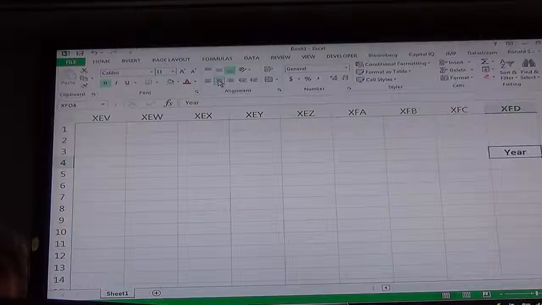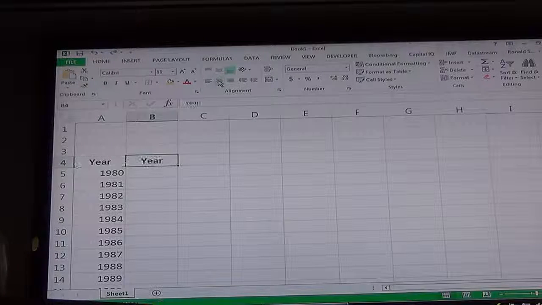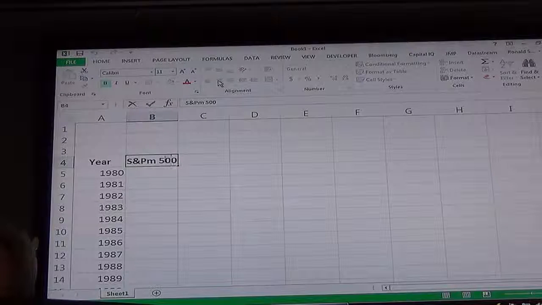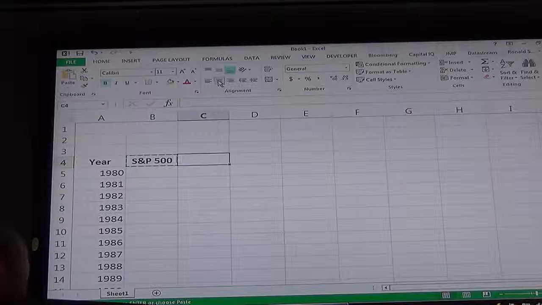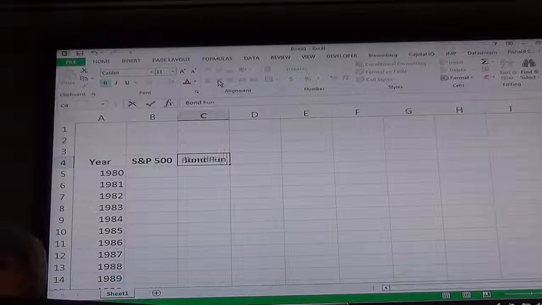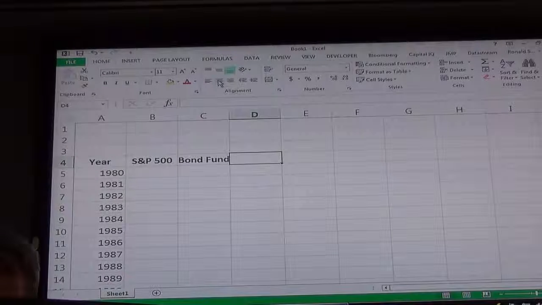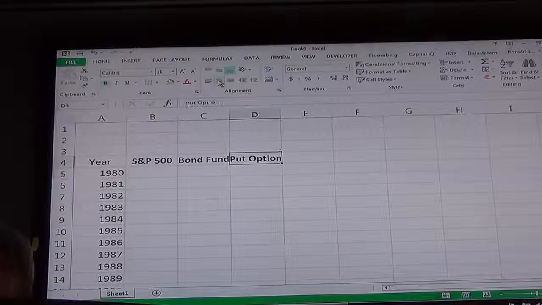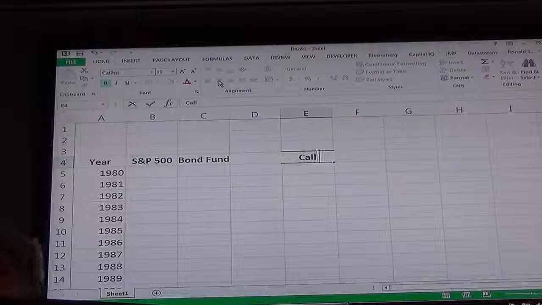You need the S&P 500. You need a bond. You need the put option. You need a call option.